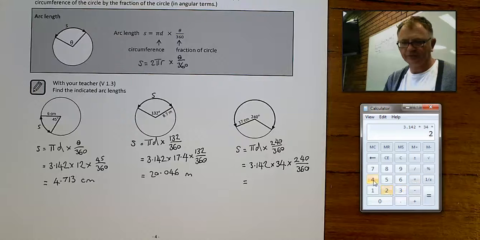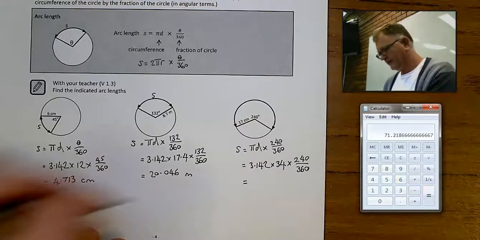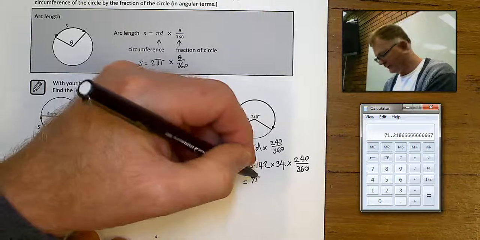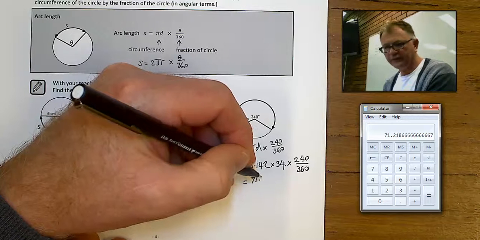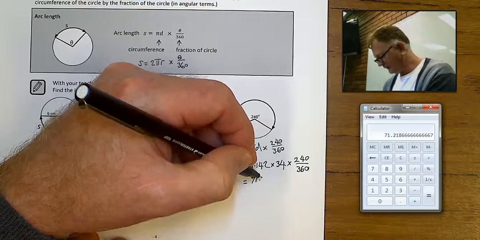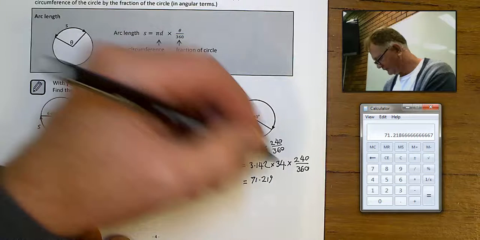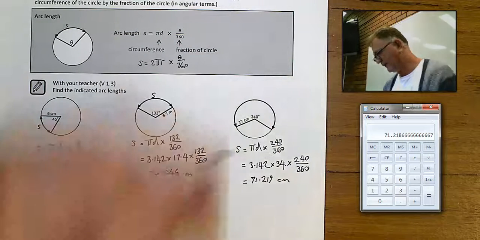Times 240 divided by 360 equals 71.219 to 3 decimal places. Centimetres is the unit of the answer.